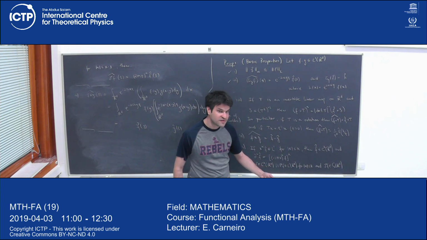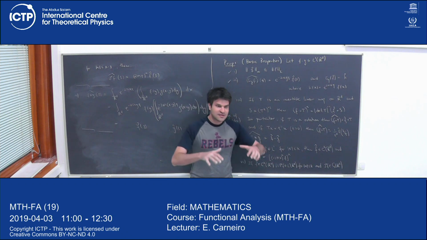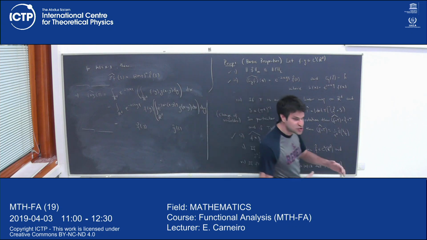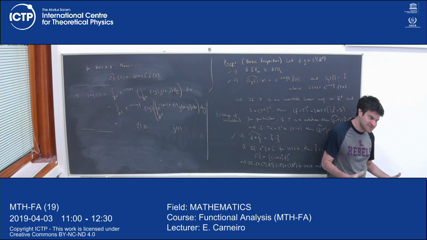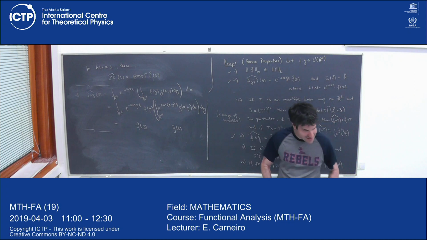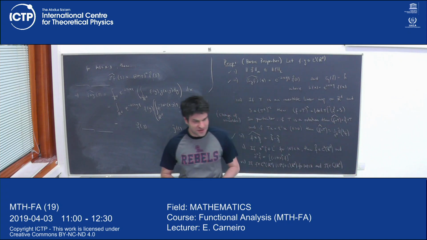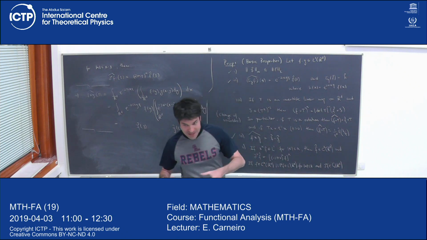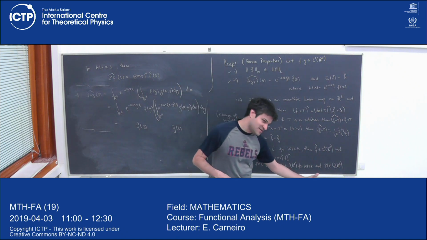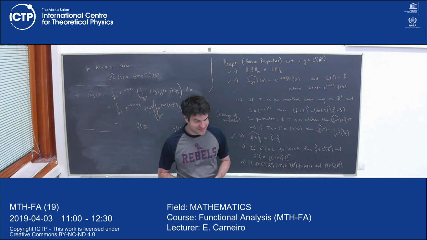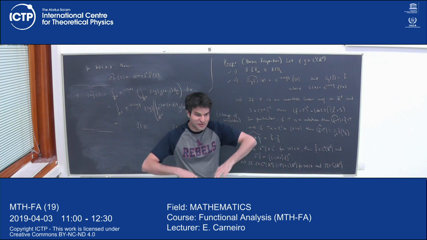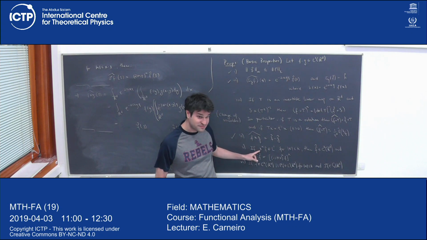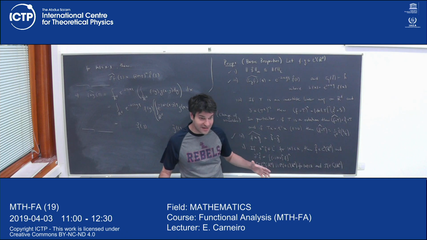We have k derivatives. So you have to have this in mind. Decay on one side means smoothness on the other side. So if your function decays fast, on the other side, the Fourier transform will be very smooth. And vice versa. If on one side the function is very smooth, on the physical side the function will decay fast. It's not surprising that if you take a Gaussian, for example, if you multiply the Gaussian by any polynomial, it will still decay. It will still be in L1.